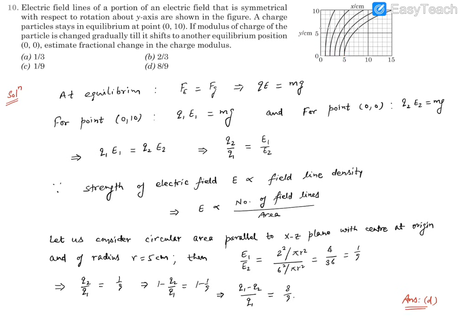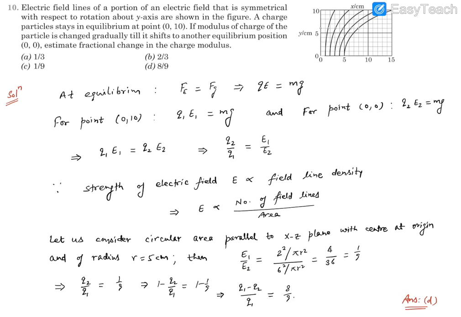So it's going to be 6 squared divided by the geometrical area pi r square. Since we have taken the same area for the two, they get cancelled out. So we get 2 squared by 6 squared, that is 1 by 9. So the field strength ratio is 1:9 at these two locations.